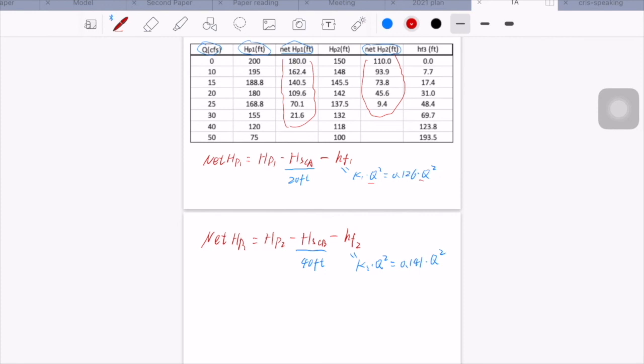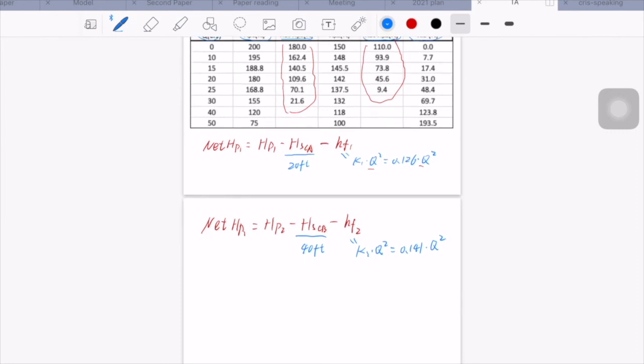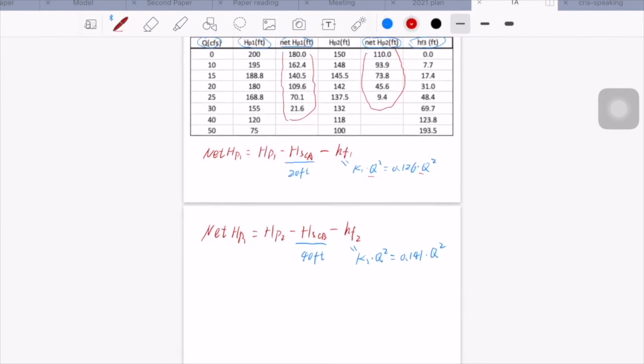And for the friction loss in pipe 3, HF3 equals K3 times Q squared. The K3 we have determined before is 0.0774, so HF3 equals 0.0774 times Q squared, and we can determine the friction loss in pipe 3 in this column.